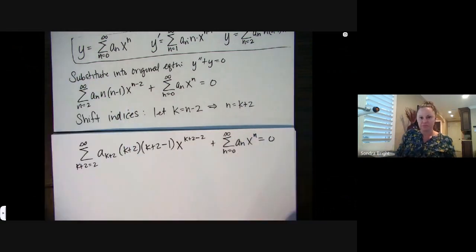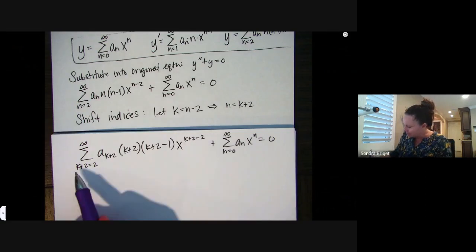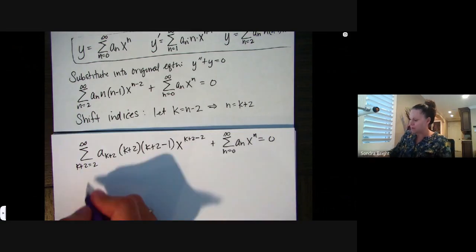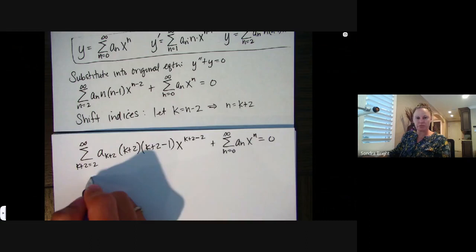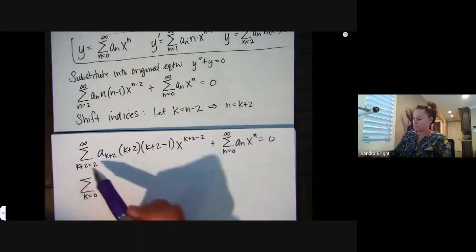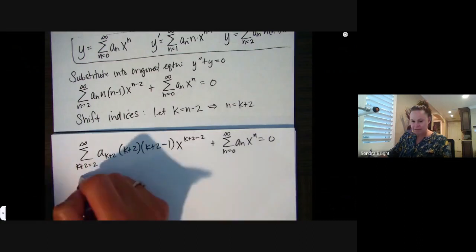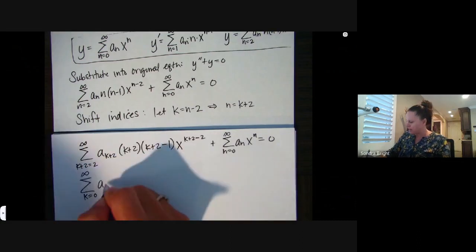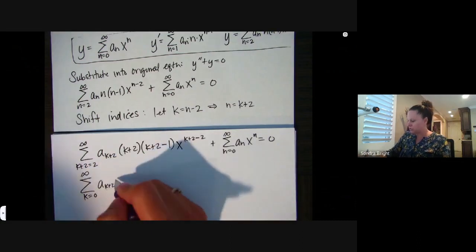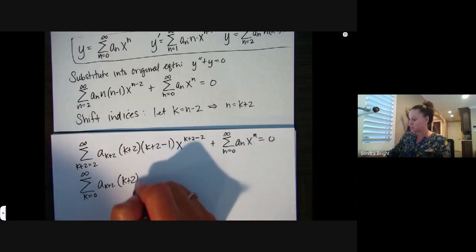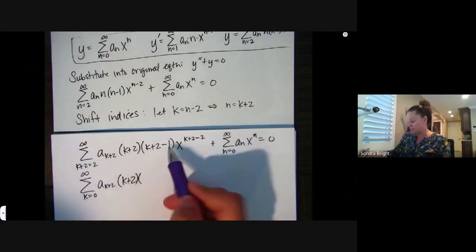Okay, that's what we got so far. So let's clean this up. That means this is k equals 0. If k plus 2 equals 2, subtracting 2 on both sides, your k is 0 to infinity. This is a sub k plus 2 times k plus 2 times k plus 2 minus 1, which is k plus 1.